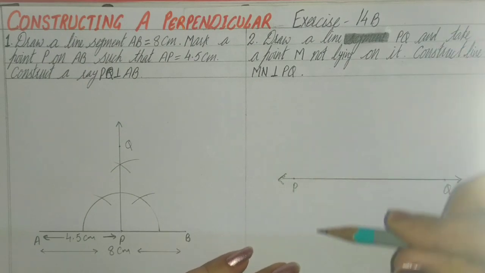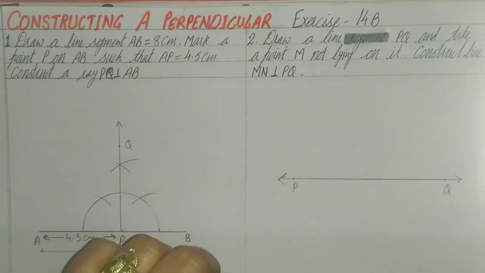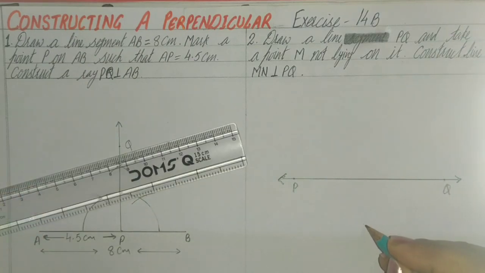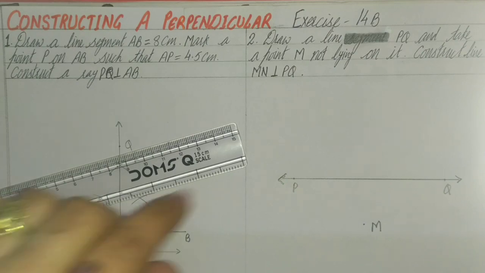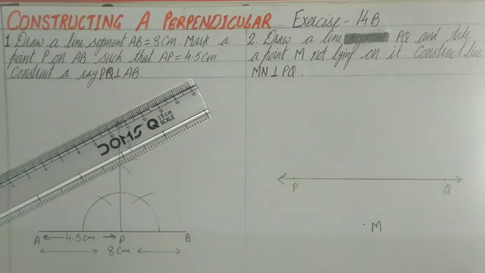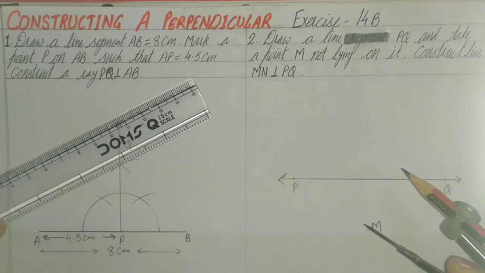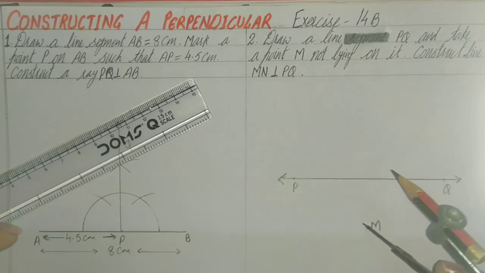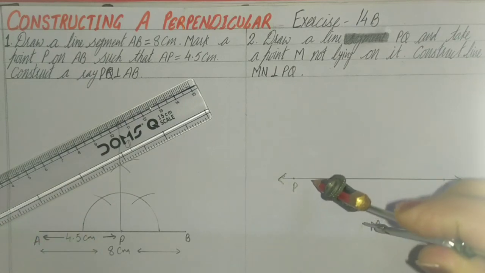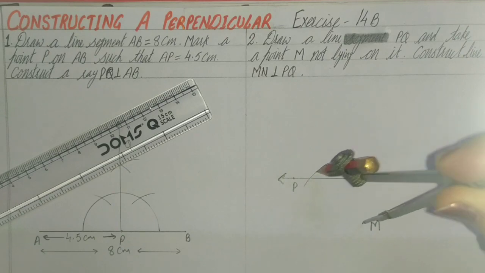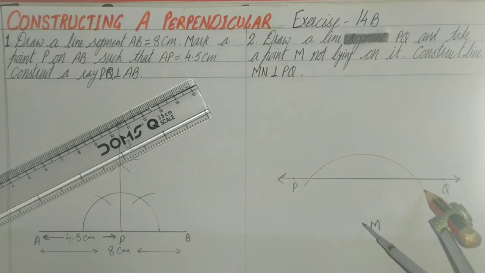Anywhere means in the upper part or in the lower part of the line PQ. Let this be the point M. Since the perpendicular is to be drawn from M, we'll put the pin of our compass on M. Then open your compass to any radius and mark a convenient arc of the circle over here.